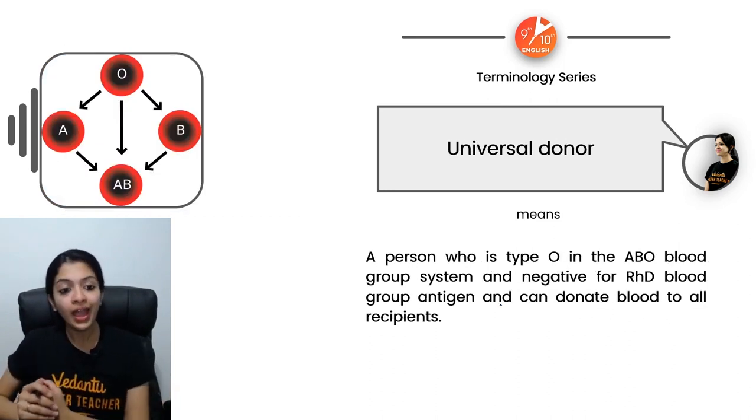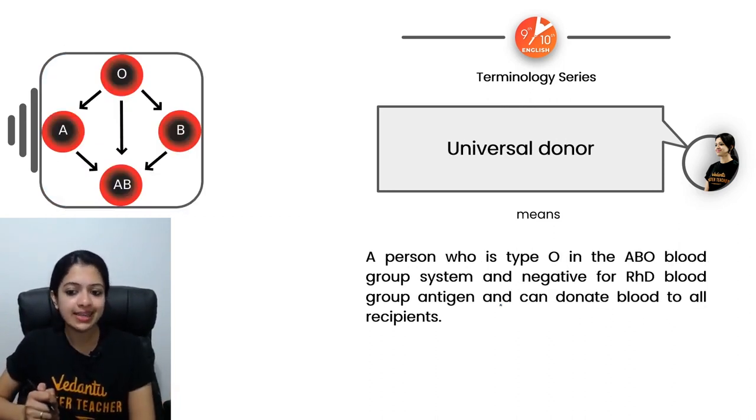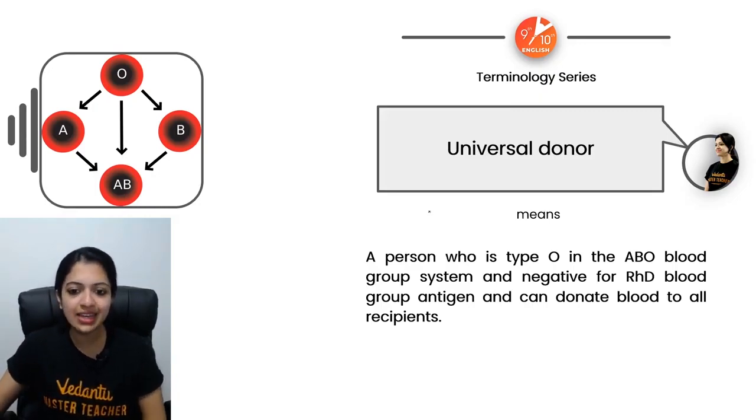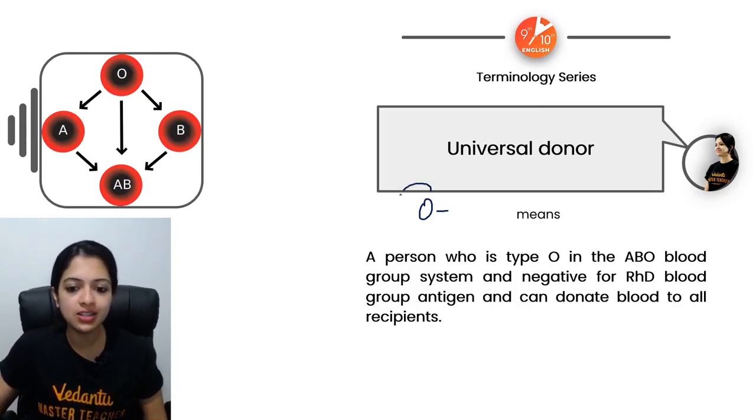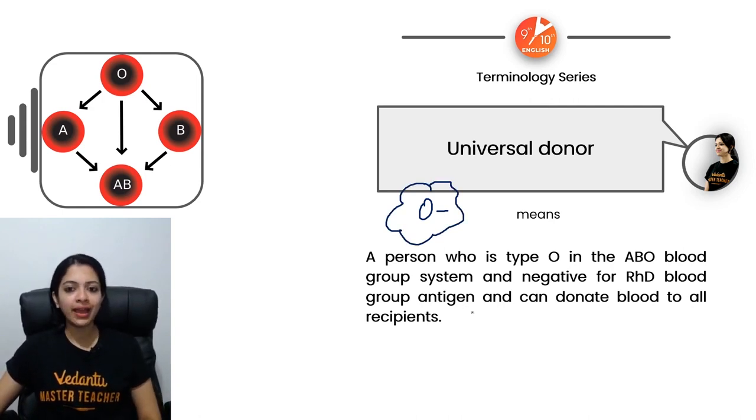Okay, universal donor. Which blood group would be the universal donor? It would be the O blood group. Specifically, it would be the O negative blood group. Why is it O negative rather than O positive? You know why?